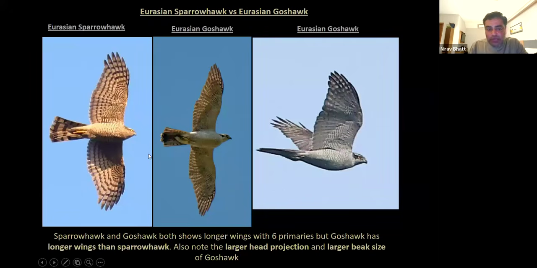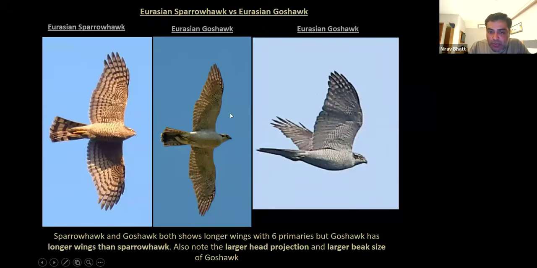So now, very important part. This is called head projection. When we draw a straight line in flight, whatever comes out here, this much, is called a head projection. The head projection of Eurasian goshawk is the largest with a very large beak.